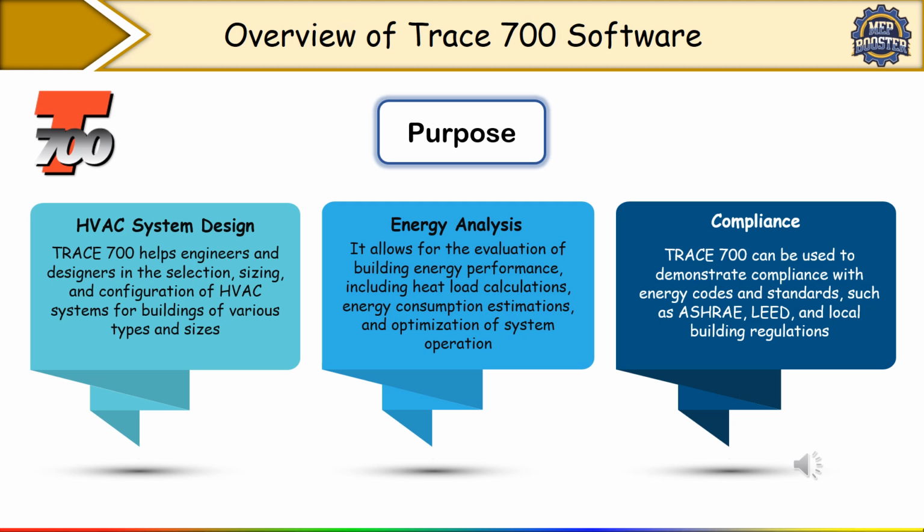Okay, so it assists in achieving LEED certification by providing energy modeling capabilities, documenting energy performance metrics and facilitating the submission of compliance documentation for LEED projects. Okay, so this is the third and the last purpose of Trace 700. Okay, so this is all about the main purpose of this software.